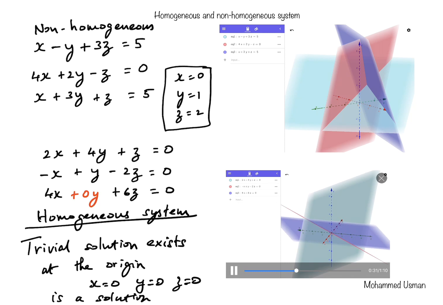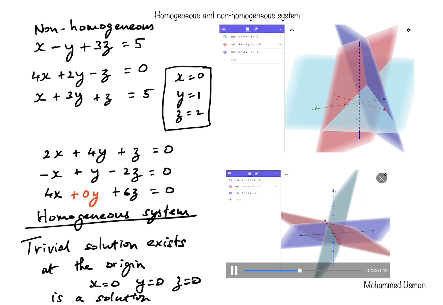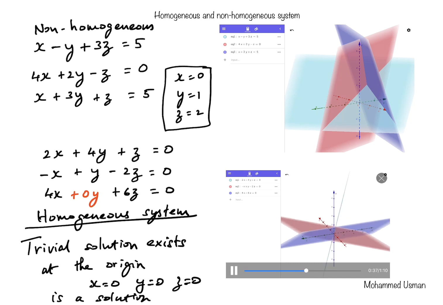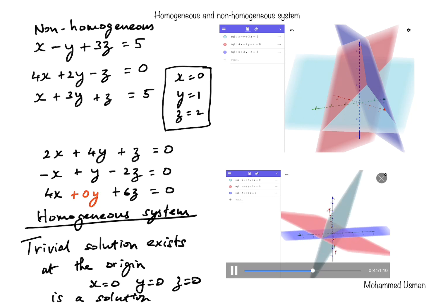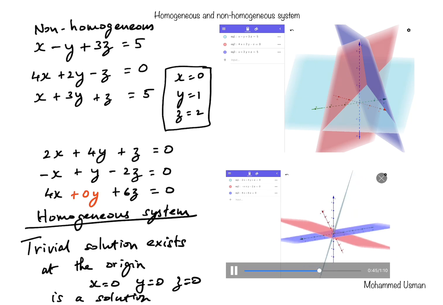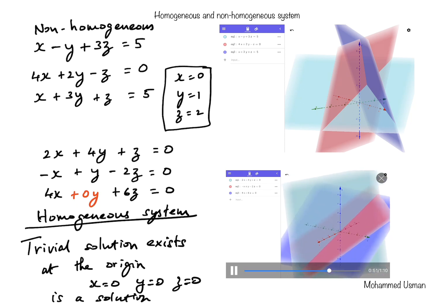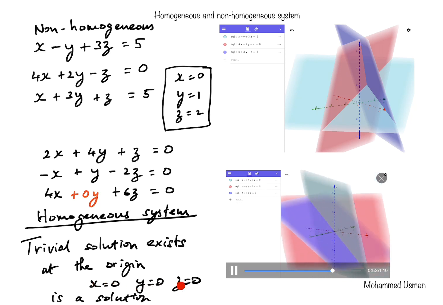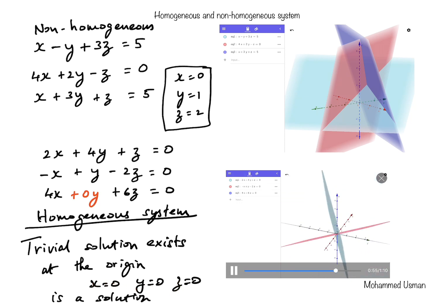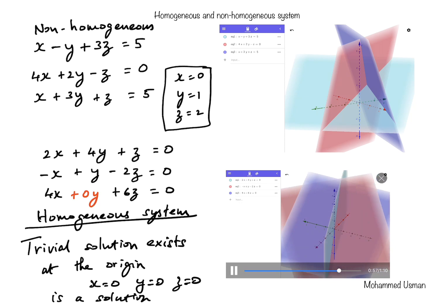That means all points which lie on that line will give us the solutions to these equations. Any point on that line where the intersection takes place falls on all three planes. Therefore this system of equations has infinite possible solutions, and one of them is the origin, which is x equal to 0, y equal to 0, and z equal to 0.